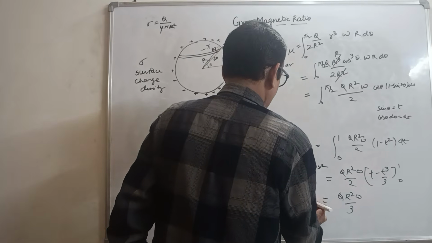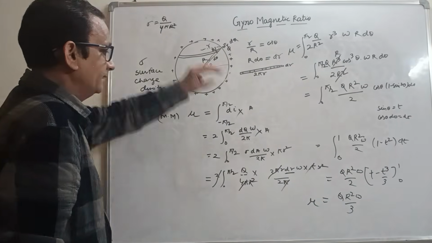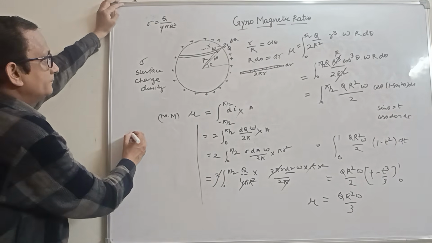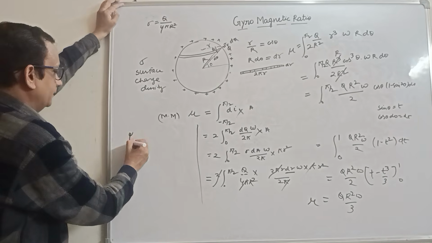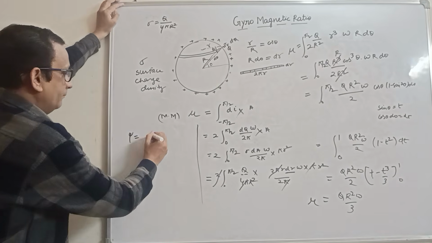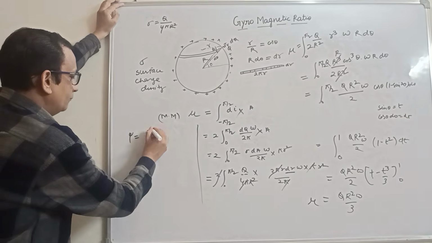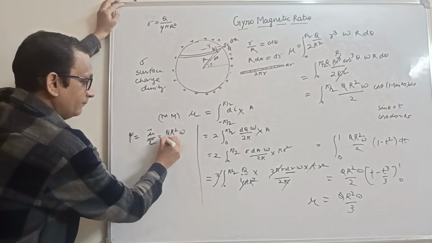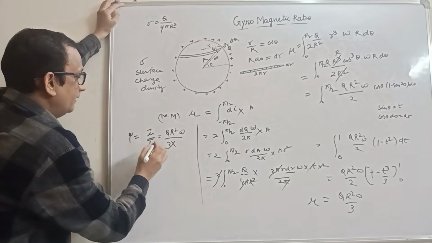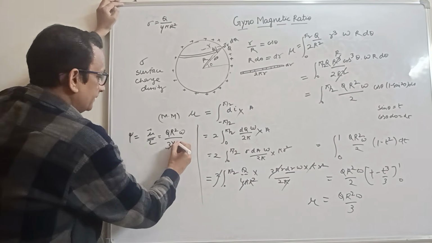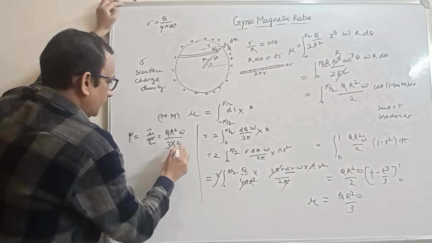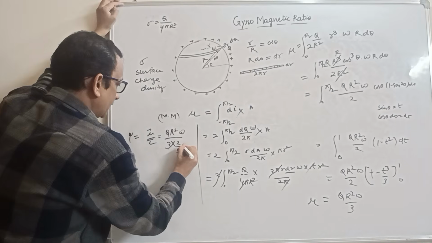This is the magnetic moment, and we know the gyromagnetic ratio is magnetic moment upon angular momentum. So magnetic moment is q r square omega by 3, and angular momentum for a solid sphere is 2 by 5 m r square into omega.